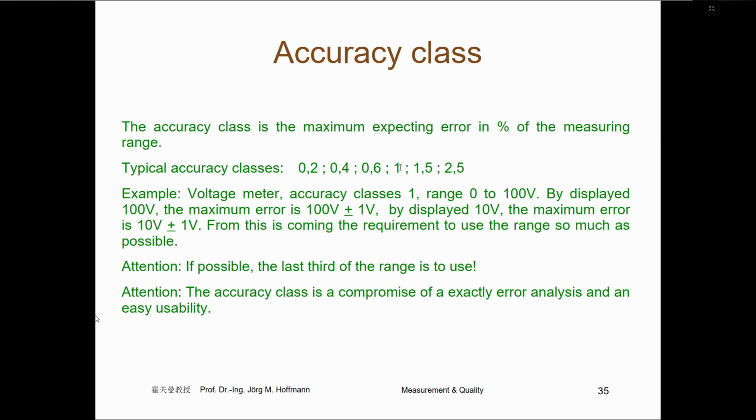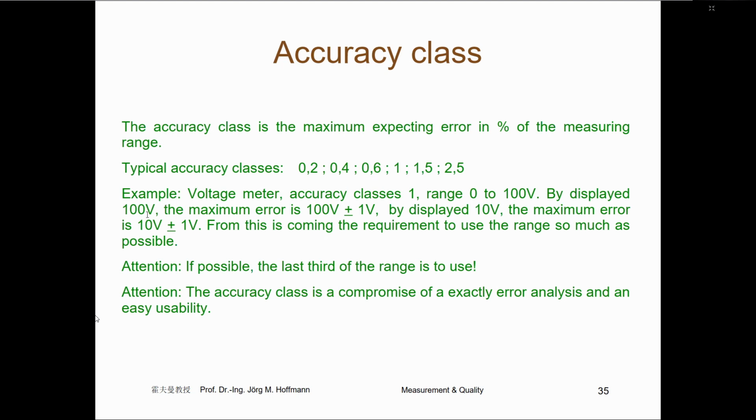That is very easy to express, very easy to understand, and therefore in practice it is used, but it is not the scientific method, because the scientific method is every time coupled to a probability. And that is here not the case. I have an example here: a voltage meter, accuracy class 1, 0 to 100 volt.